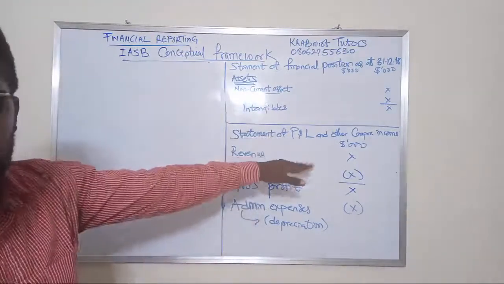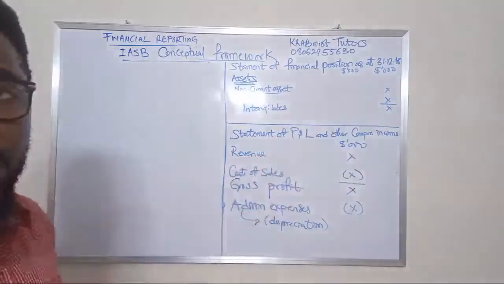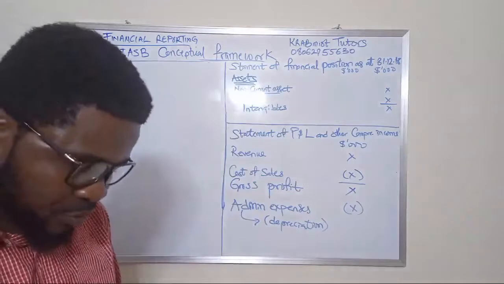I just did a snap. This is not the full statement of profit and loss and other comprehensive income, but so that I can talk about IAS 16 as a standard and relate to this.